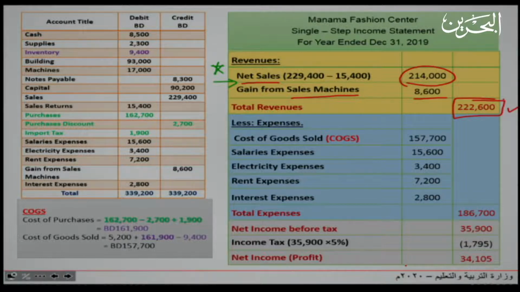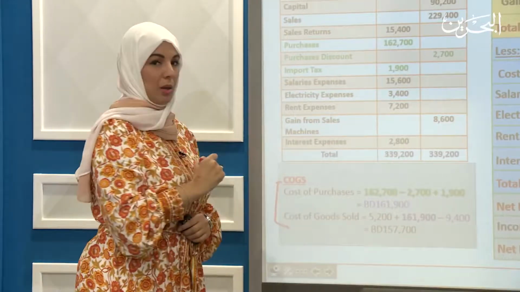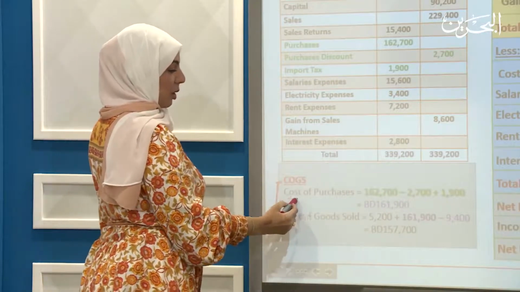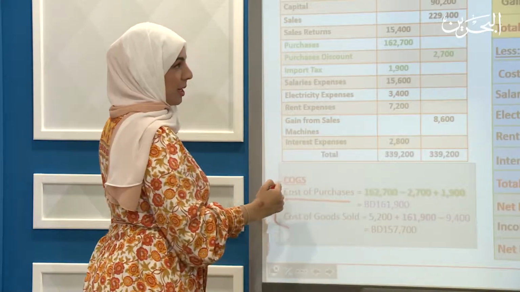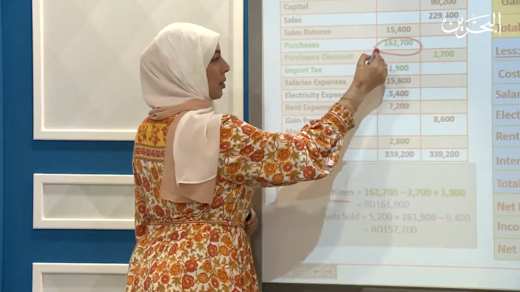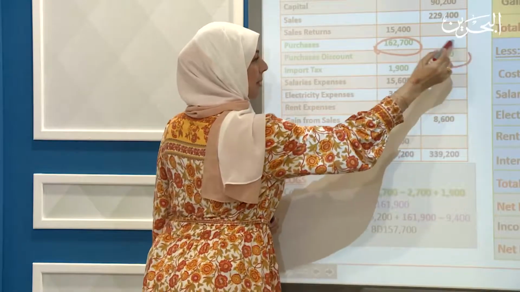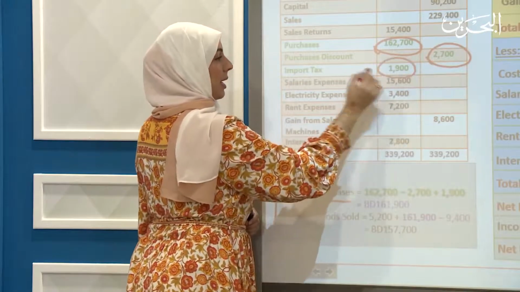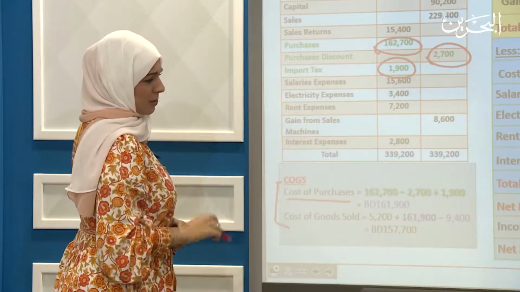Moving to the second part, it is the expense part. So, in the expense part, I should start with the cost of goods sold, and I know how I can find the cost of goods sold from the previous slide. But let us take a quick look at how I can get the cost of goods sold. Firstly, I should find the cost of purchase, which I find by using the purchase, subtracting from it the purchase discount, and adding the expense on purchase.